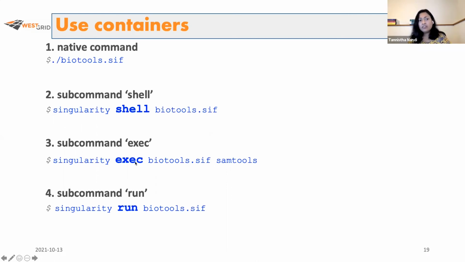And the two other ways to execute the container are singularity exec and singularity run. Of the two, exec is more preferable. For example, if I have biotools.sif, which has SAM tools, BWA, and FastQC, I can choose whether I want to run SAM tools at this point or BWA or FastQC.